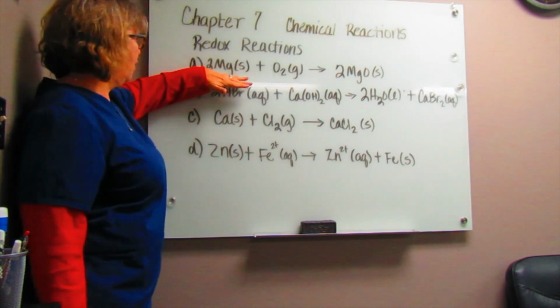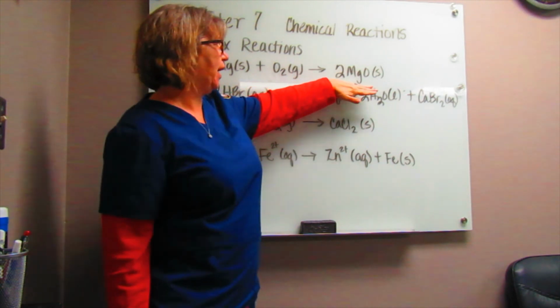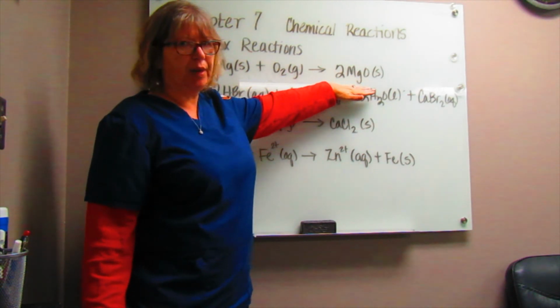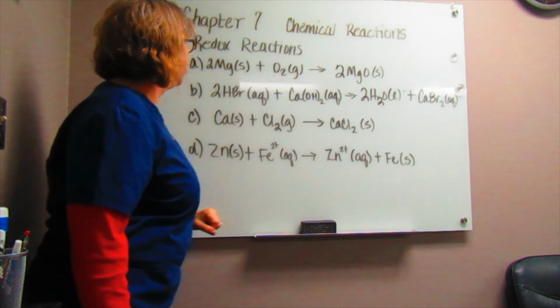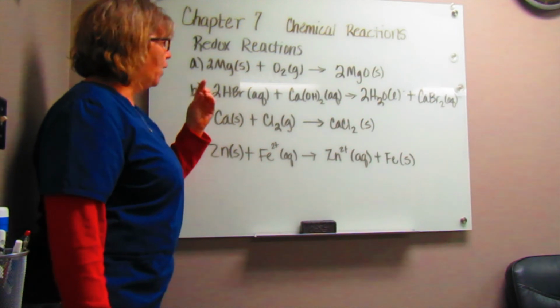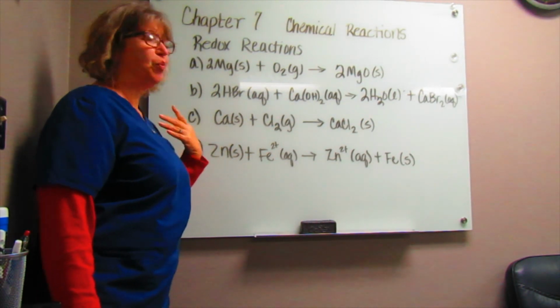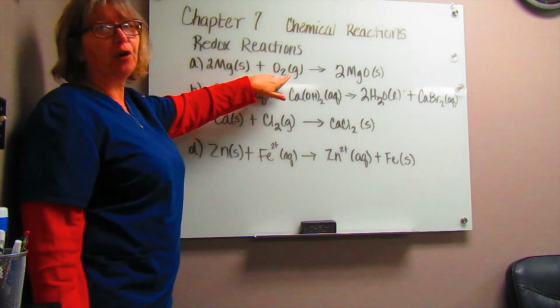So we have magnesium and oxygen that combine to create magnesium oxide. Would this be a redox reaction? And the answer to that question is yes, because it fits the rule. A redox reaction is a reaction with an elemental oxygen, which has occurred here.